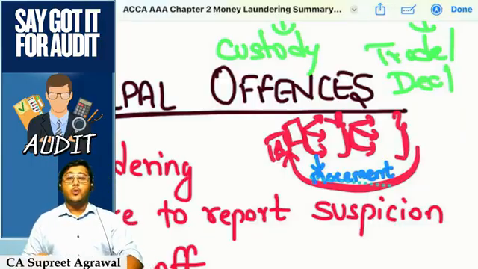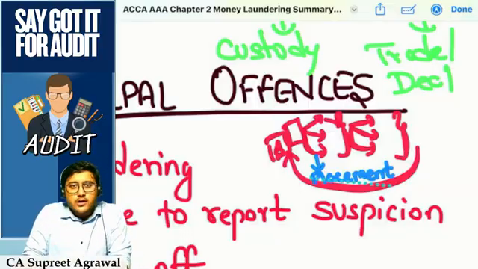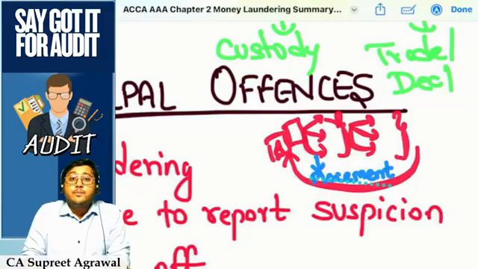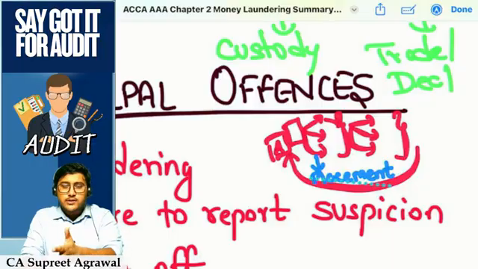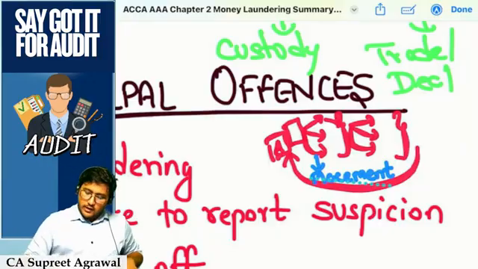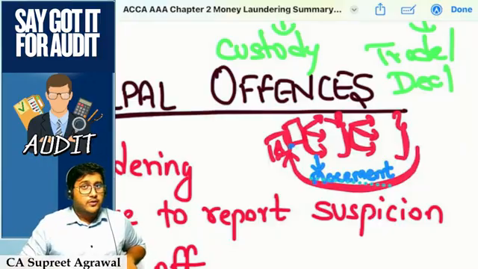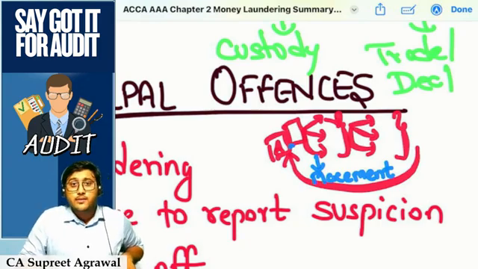What is placement? When the money first enters the financial system of the country, then it is called placement. When the black money first enters the financial system of the economy, it is called placement. Here the person deposited this money for the first time with these three people in our case, so it is called placement.